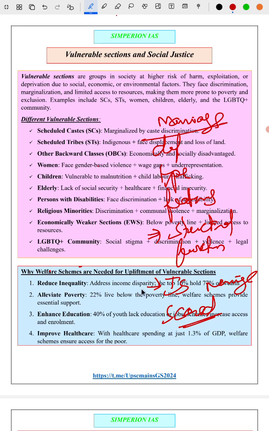If we go to the sociology optional, this question is asked many times: is marriage sacred, marriage as a sacrament, and structural functional changes. So it is important to know the current area of focus for the UPSC.